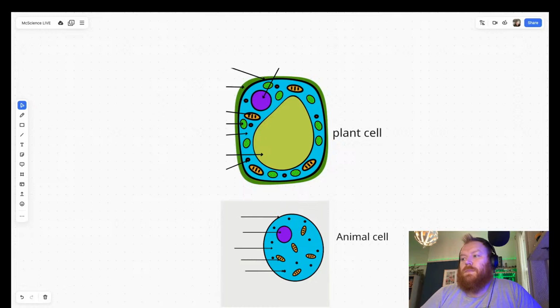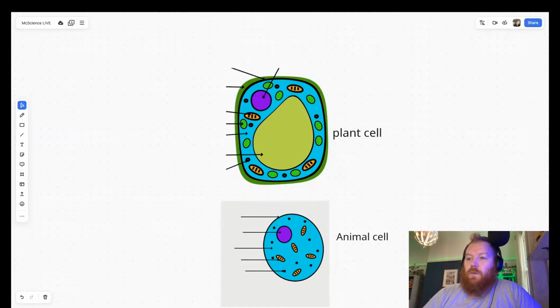So the three organelles: the cell wall, chloroplast, and large central vacuole. Yes, exactly that. I'm apologising if I've said your name incorrectly, but it is exactly that. We can just call it the large permanent vacuole or just the large vacuole.